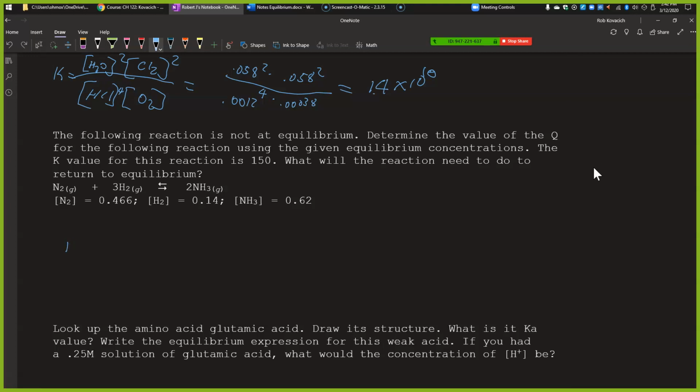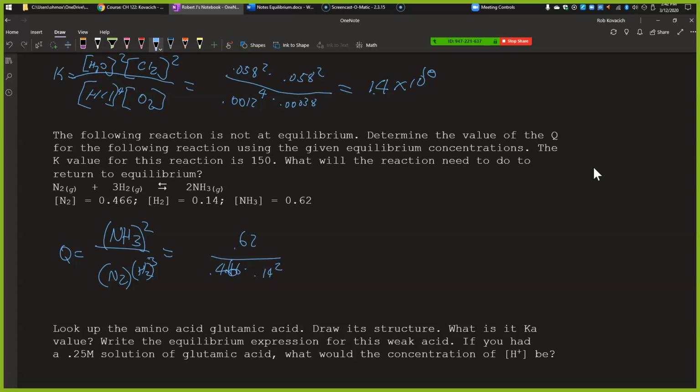So Q is equal to NH3 squared and N2 and H2 to the third. So we've got 0.466 times 0.14 cubed, 0.62 squared.